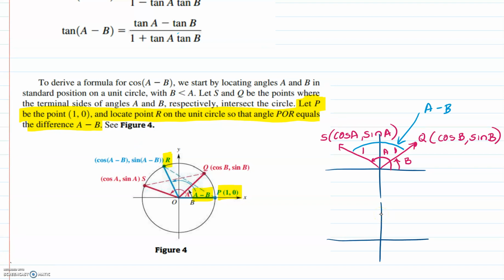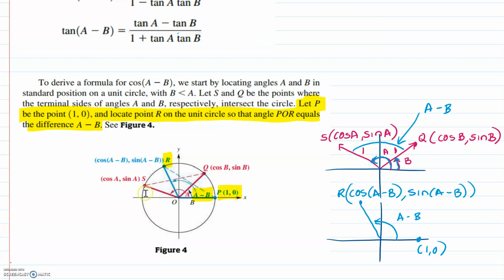So here's the point 1, 0 on my unit circle, and this looks like it's the point R, which would be the angle A minus B, the same angle we have up there, just shifted. And it is angle A minus B because here's the A, and then we subtract the B. And this point right here, we'll call it R, is cosine of A minus B, comma sine of A minus B, since that's the angle.